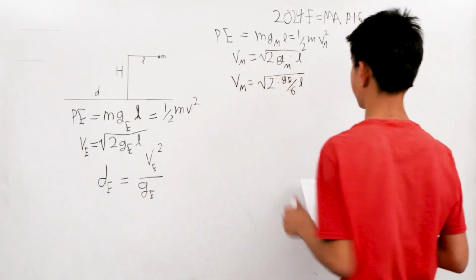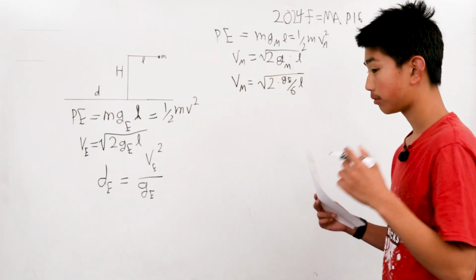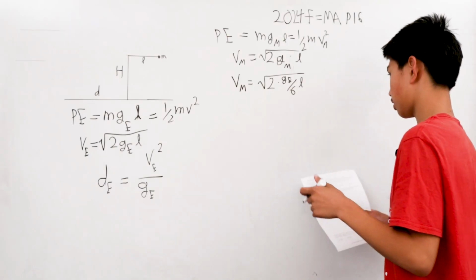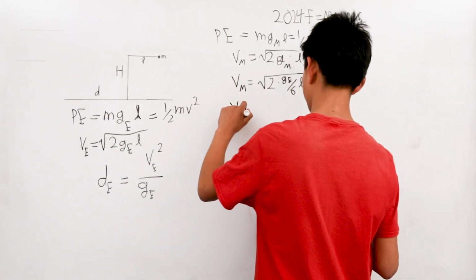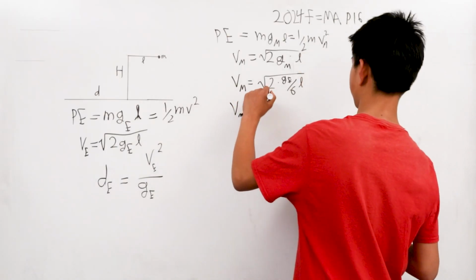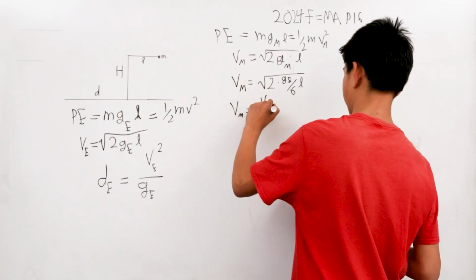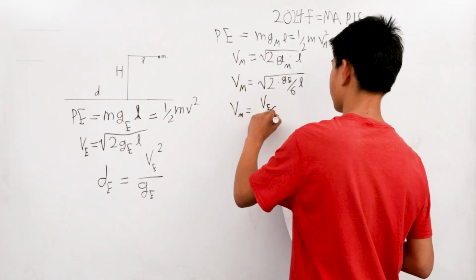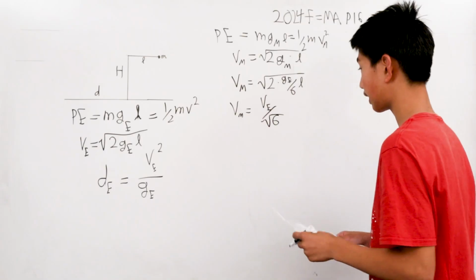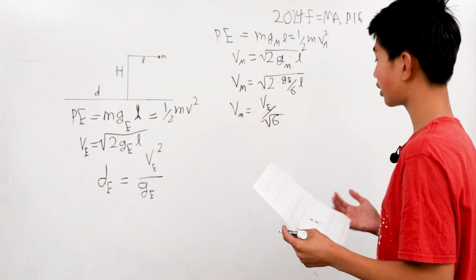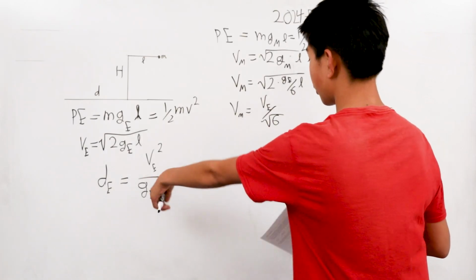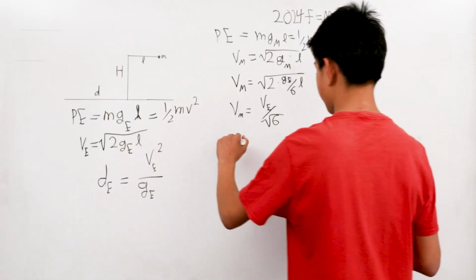Now, this is going to get interesting because we get that the velocity on the moon is equal in magnitude to the velocity on Earth over the square root of 6. This is interesting because then we can use this in the other equation.